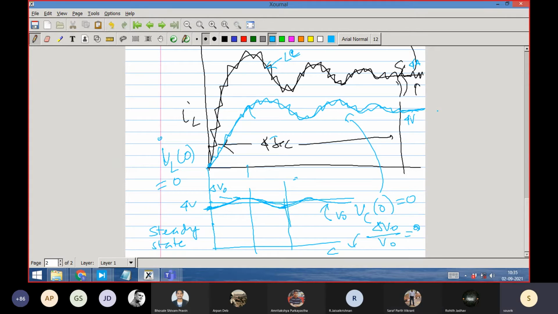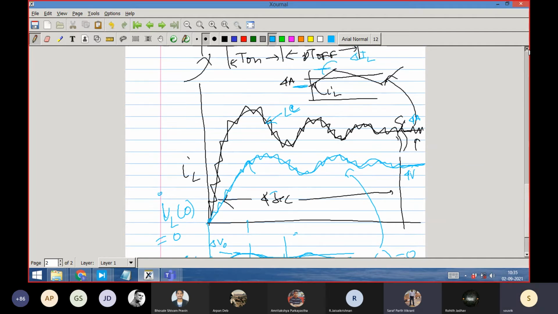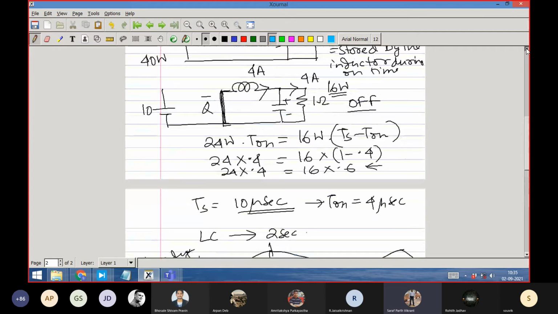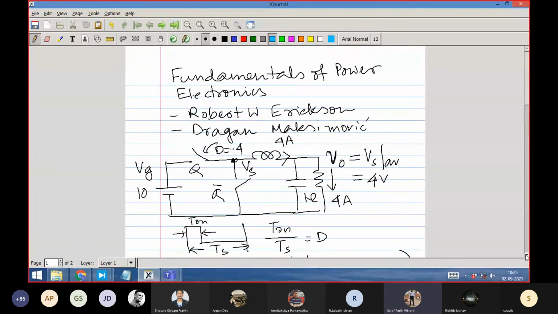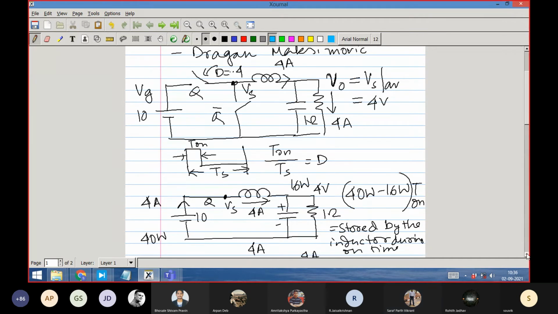Any question? Yes. In that example, we supplied 40 watts of power, and at the output load we got 16 watts, right? So the remaining 24 watts will be distributed across half L I squared and half C V squared, right?